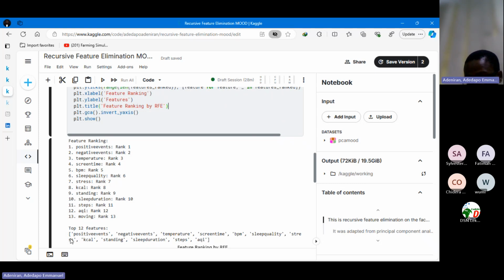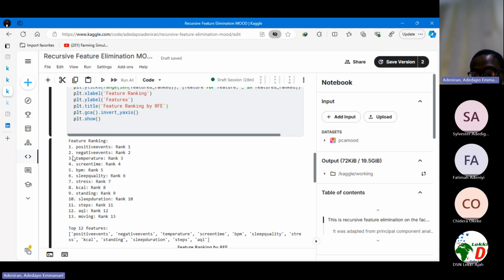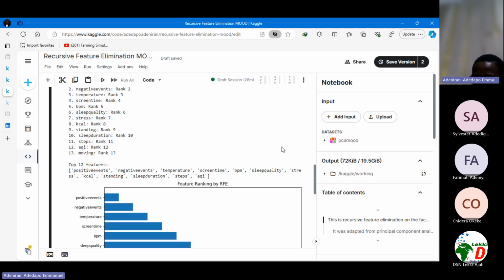After eliminating that one, we focus on the remaining 11 features, then look for the next one to eliminate. We continue the process until we reach the number 1 most important feature, which is the positive event, which means that positive event has the most impact on the mood that I'm trying to predict. I hope I've been able to clarify that.